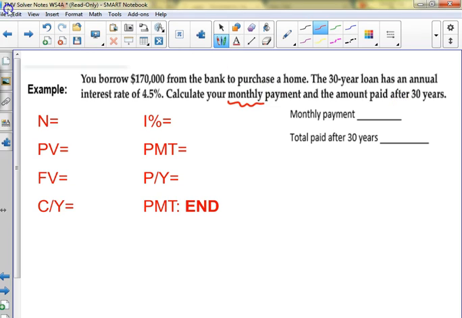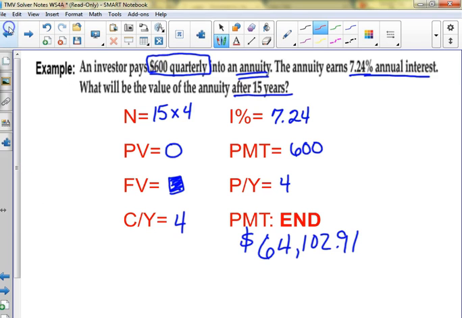Back up a second. Can you go back to the home screen? So quit on your calculator. I want to talk just one second about this. How much money did we put in the bank? Four times a year, we put $600 in for 15 years, yes? That's $36,000.